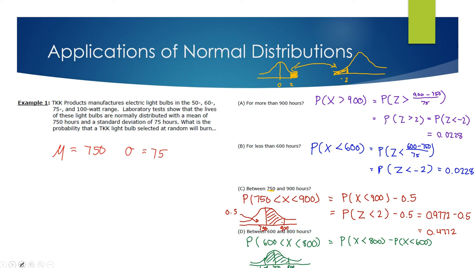The probability that x is less than 800 is the same as the probability that z is less than 0.67. And the probability that x is less than 600 is something I've already come up with before, because that was part B. That's the 0.0228. That's why you don't see me doing much calculation there. And so I look up the 0.67, and I get 0.7486 minus 0.0228, which is about 0.7258.